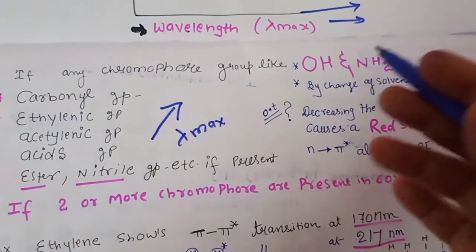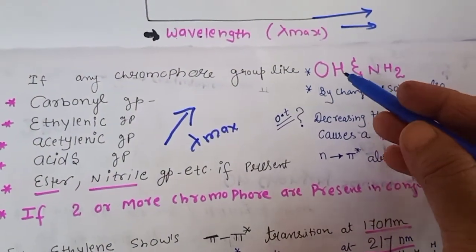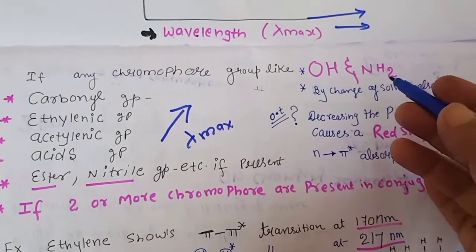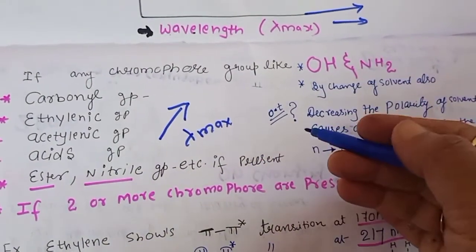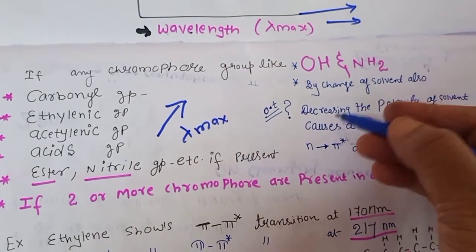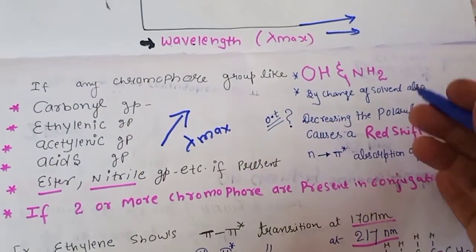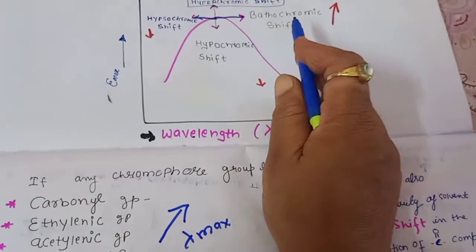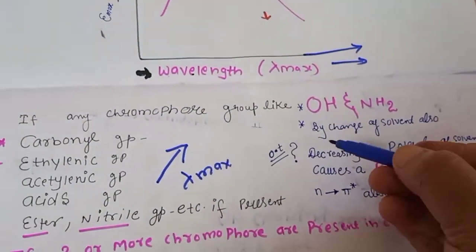Or if groups like OH and NH2 are there, the chromophore groups will show their effect. And sometimes if we change the solvent also, then our absorption value shifts towards the higher wavelength, meaning the bathochromic shift also takes place if we change the solvent.